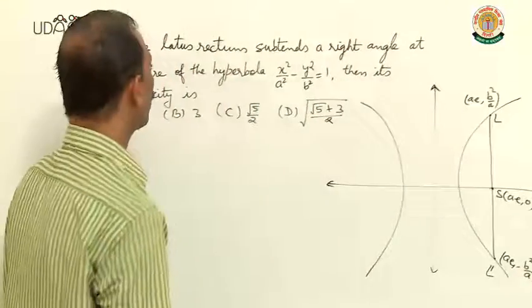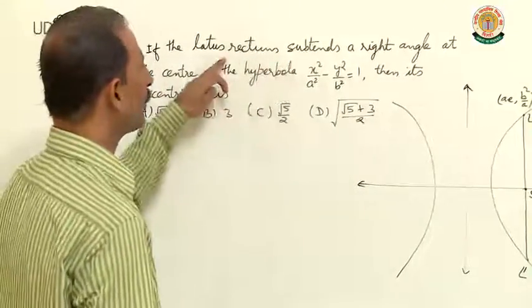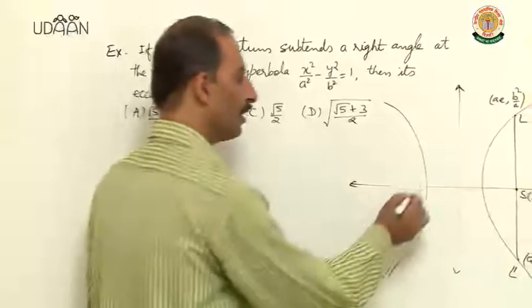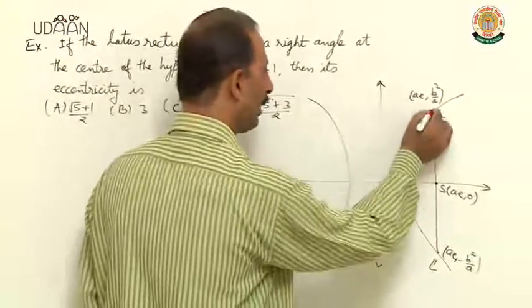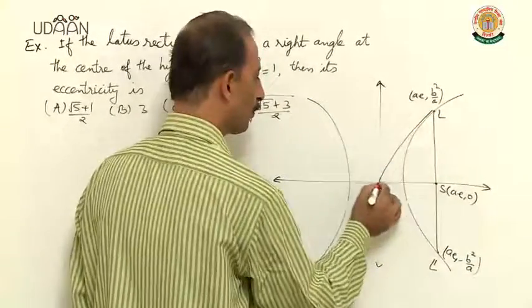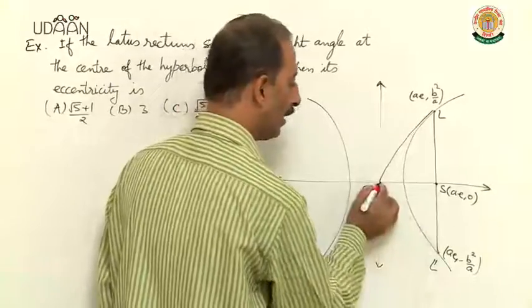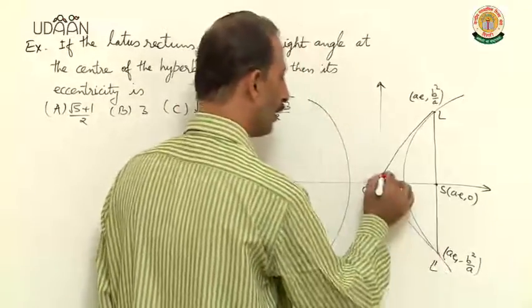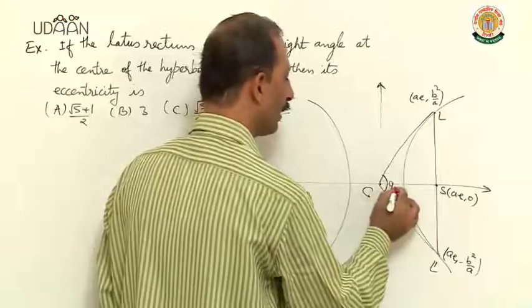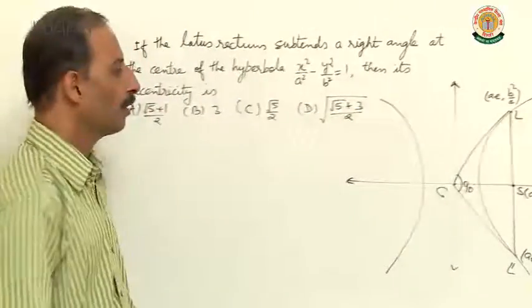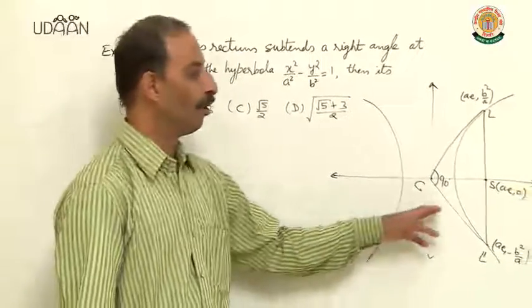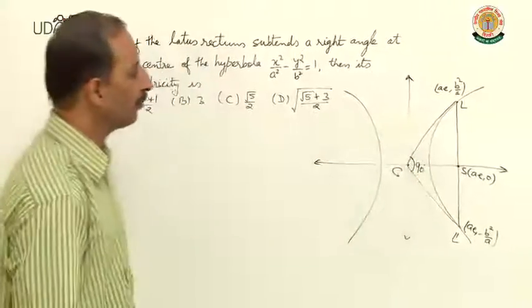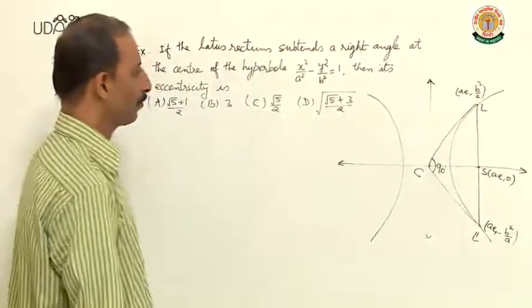Now this latus rectum subtends a right angle at the center. This is the center. If you join L to the center and L dash, then this angle is 90 degrees. This is given. Now we have to find the value of eccentricity, that is e.